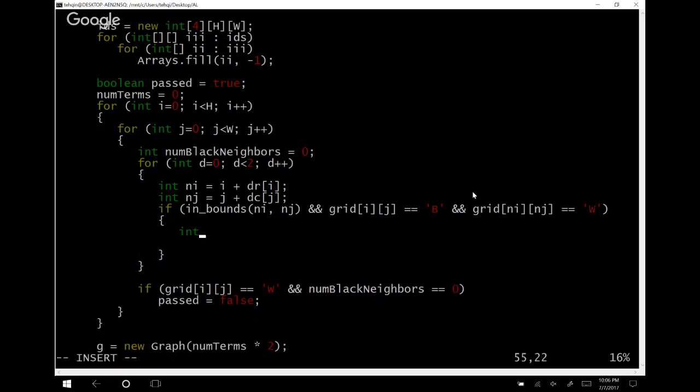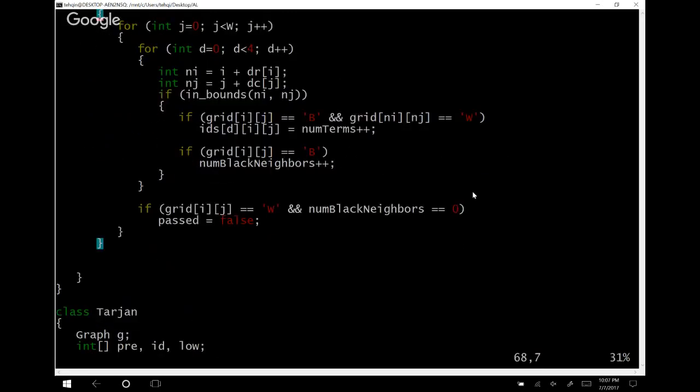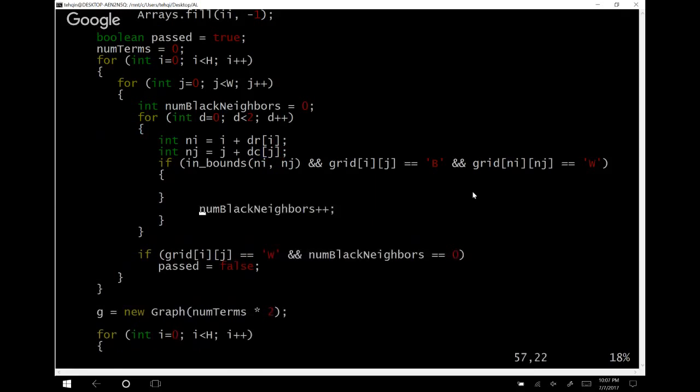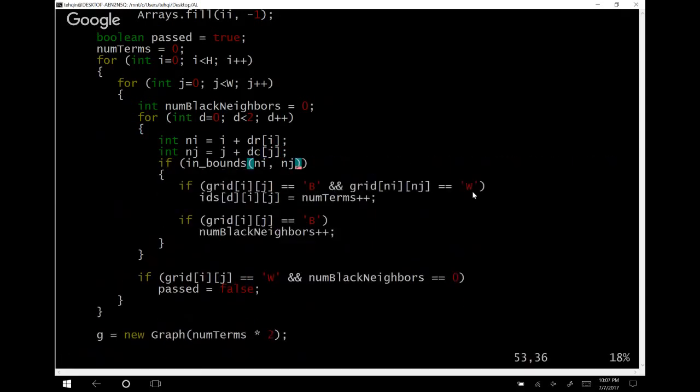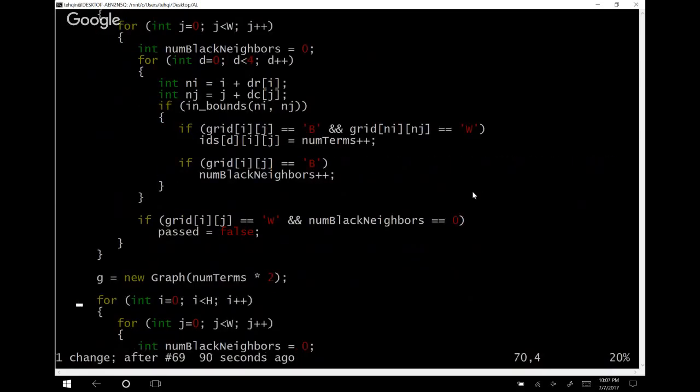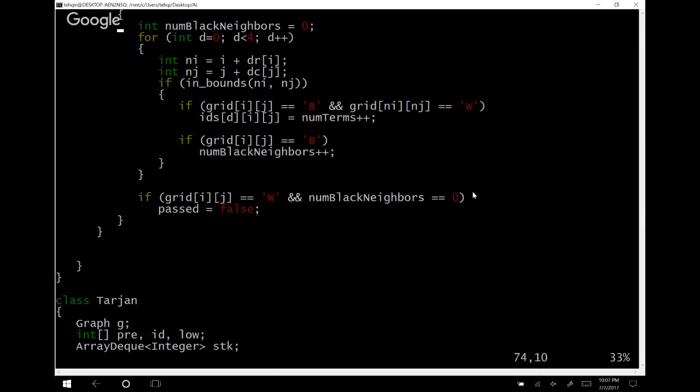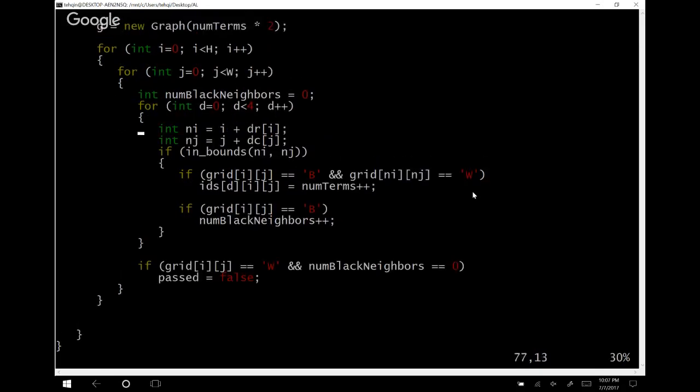And then oops, there should be direction. Slight bug there. Oh, dang. I messed up. One sec. Should also be direction.